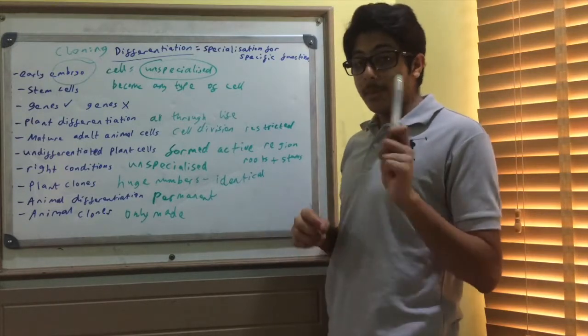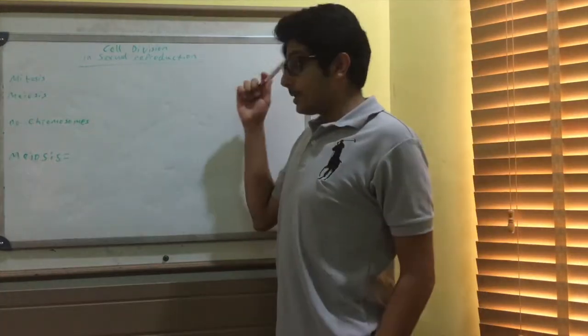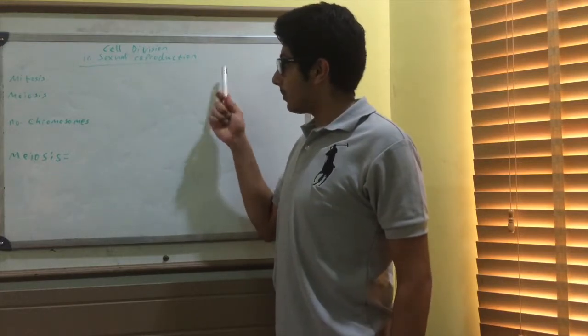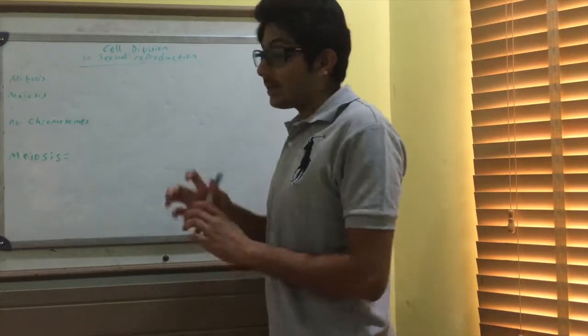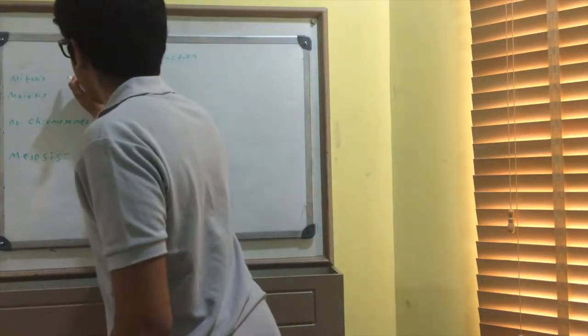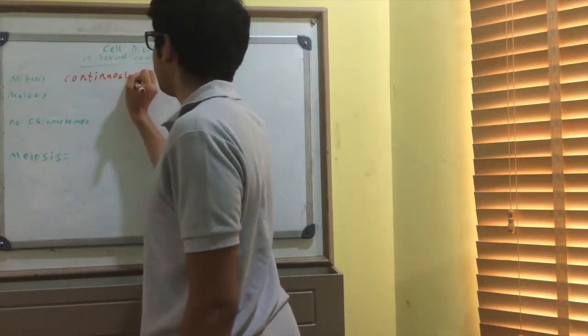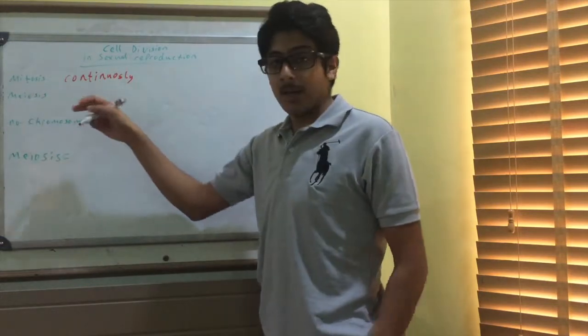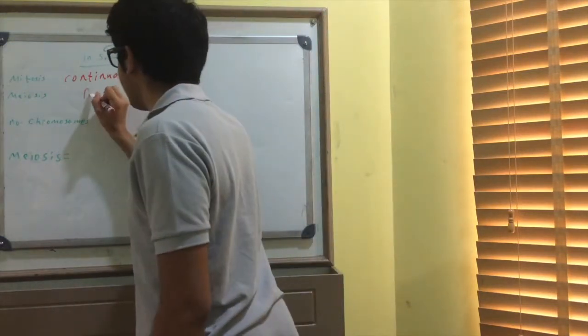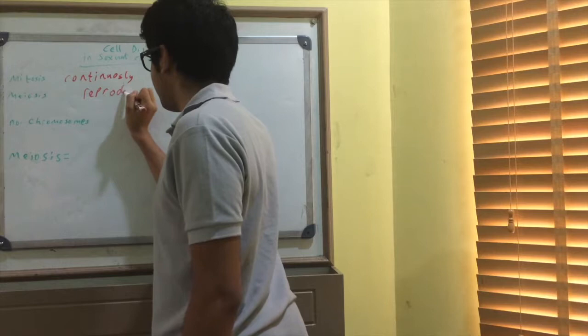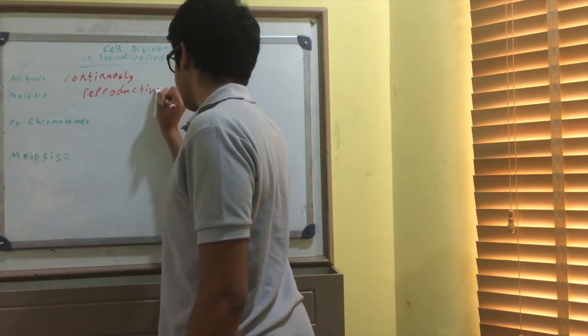Now we're going to talk about meiosis. So, cell division in sexual reproduction. Mitosis takes place continuously, and yet meiosis takes place only in the reproductive organs.